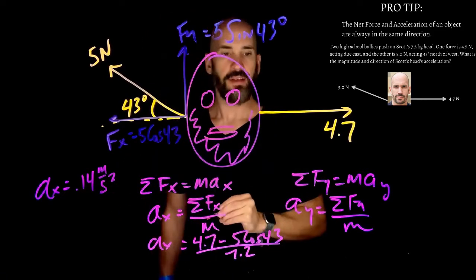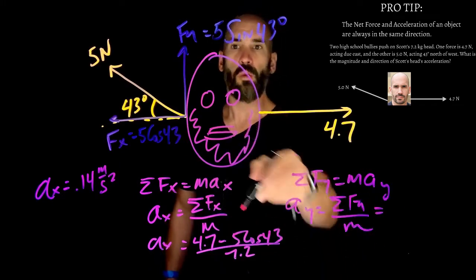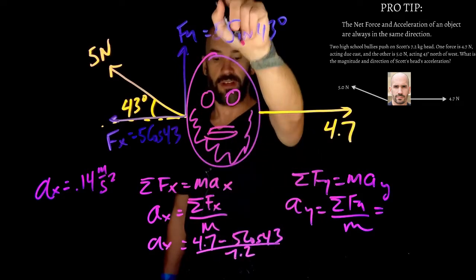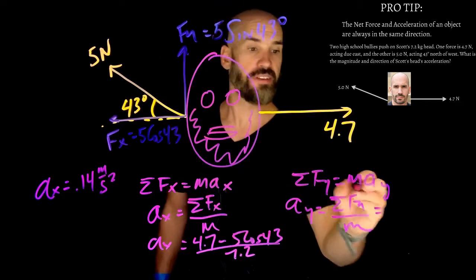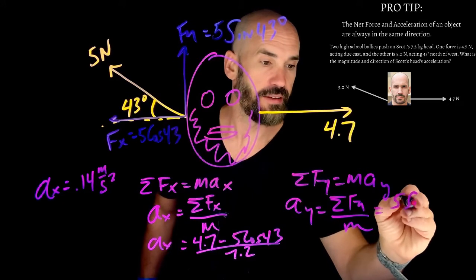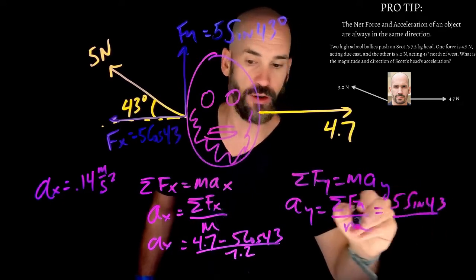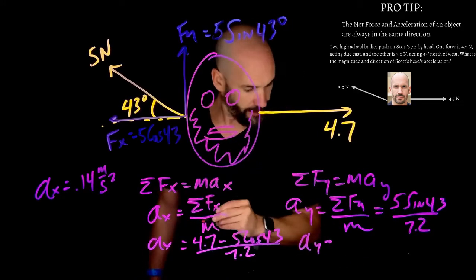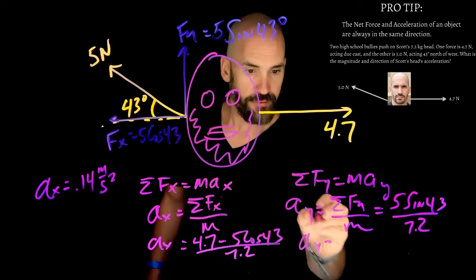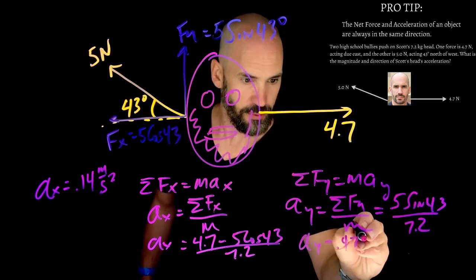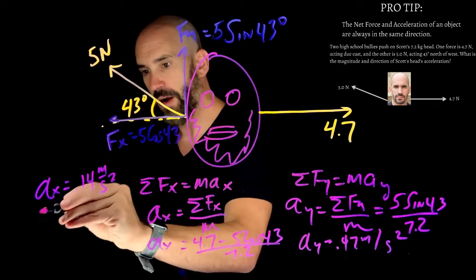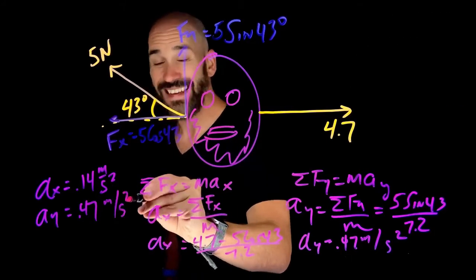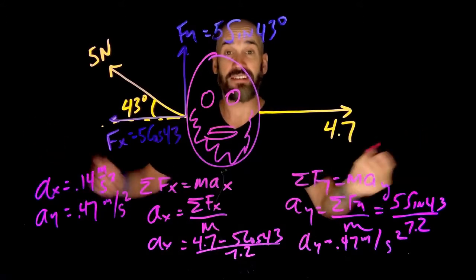All right. Awesomeness. Now, what's going on in the y direction? Well, I only have one y component, and that's going to be 5 sine of 43 over the mass of my head again, which is 7.2. And for this, I get an ay component of 0.47 meters per second squared. Now, here's the deal. I have an acceleration vector.